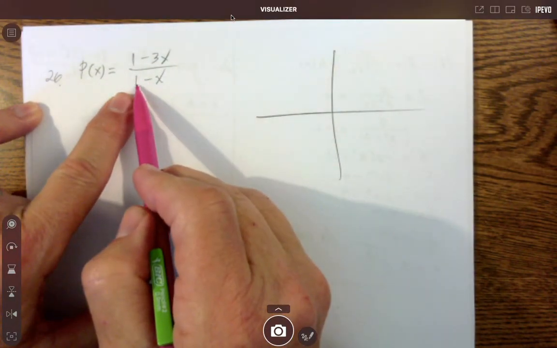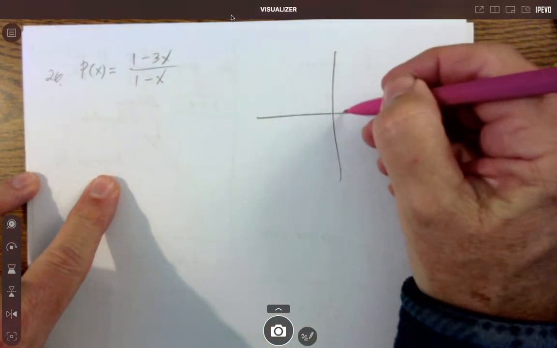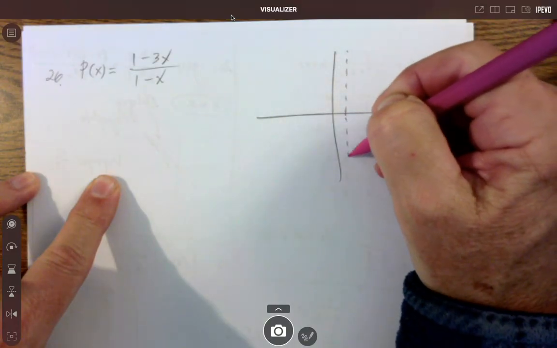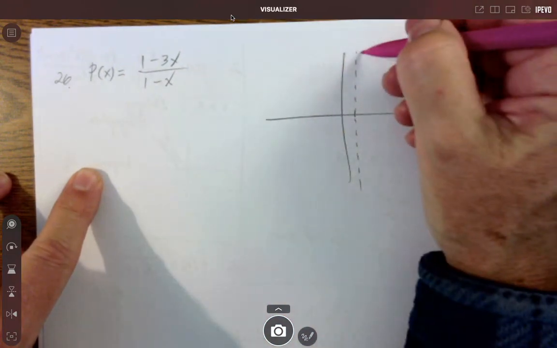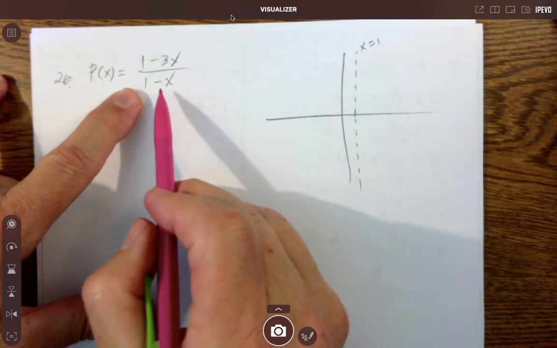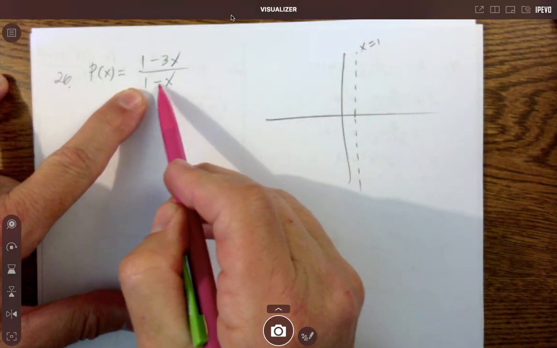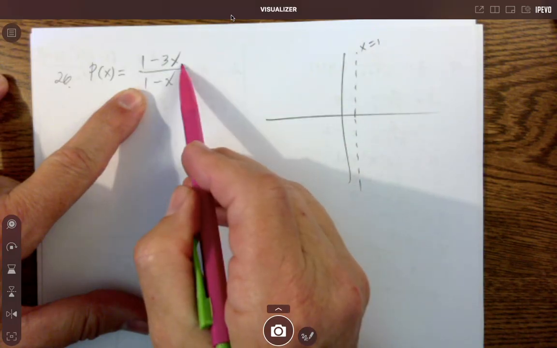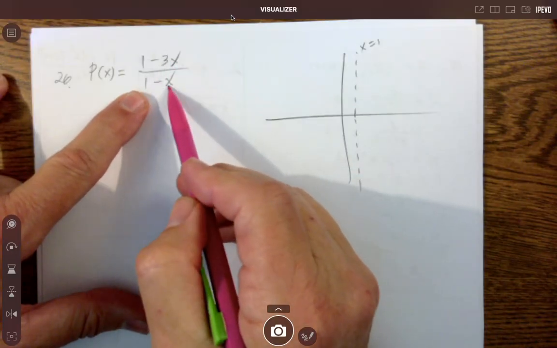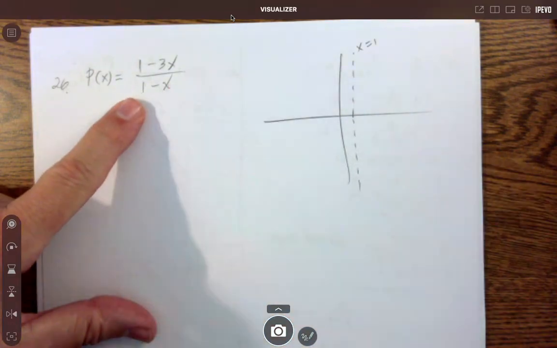We see that 1 is a no-no, right? x cannot equal 1, so there should be a vertical asymptote at x equals 1. Now you've got to be careful because that could be a hole. If 1 makes the bottom 0 and the top 0, then it's a hole, not an asymptote. But in this case, 1 makes the bottom 0, but not the top. So it's just a vertical asymptote.